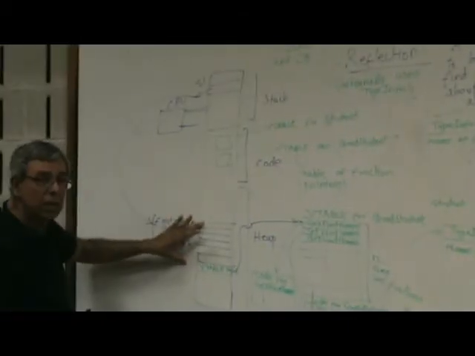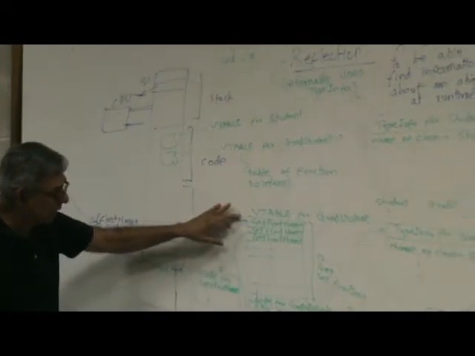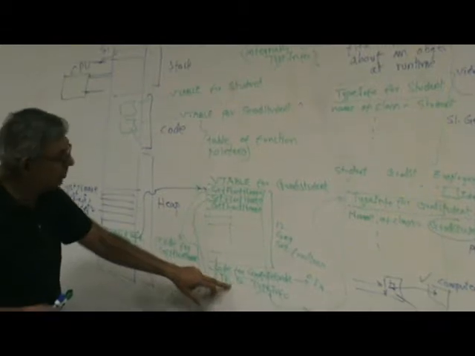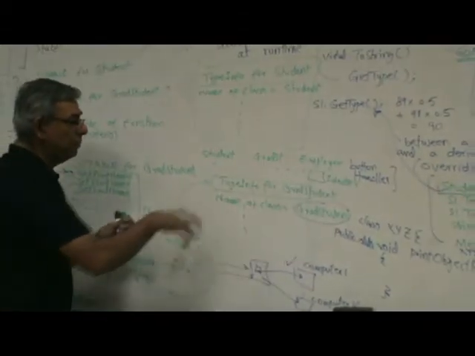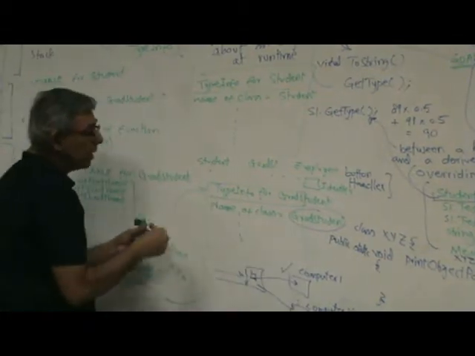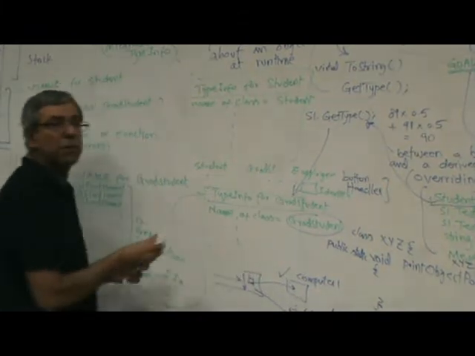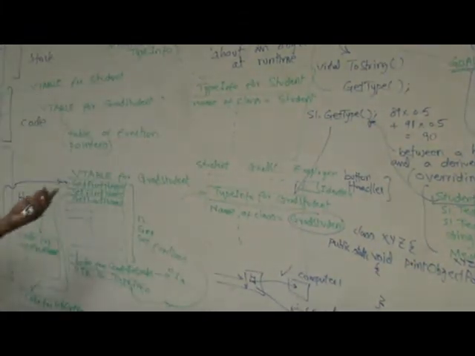Start from here, go over here, then what? vtable, then what? Type info, and then whatever this name is one part of the type info. But getType essentially will point to this part over here, the type info. Then you can further go and find any other information that you feel like, right?